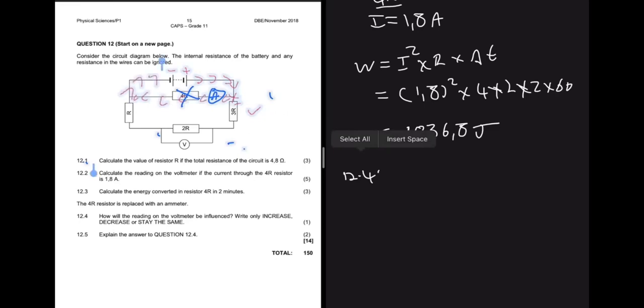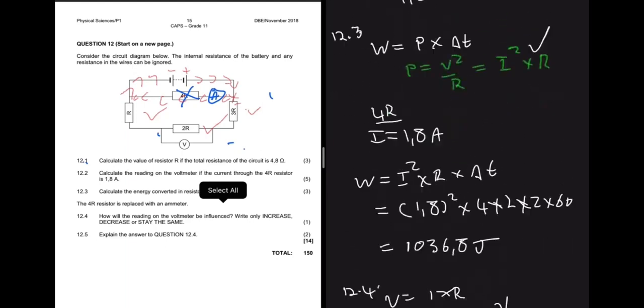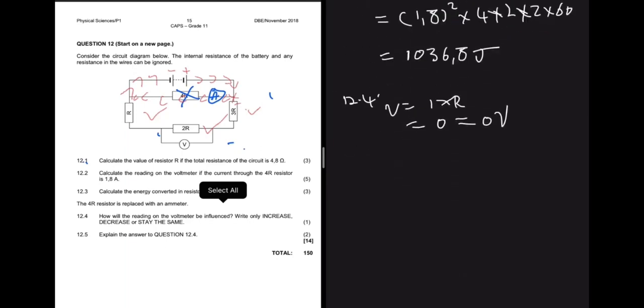So all these resistors, the 3R resistor, the 2R resistor, and the R resistor, will be left with no current. So the reading on the voltmeter will be 0, because V equals I multiplied by R. I is now 0, so no matter what the resistance is, it will be equal to 0 volts. You're coming from 4.8 volts to 0 volts, so obviously that's a decrease.